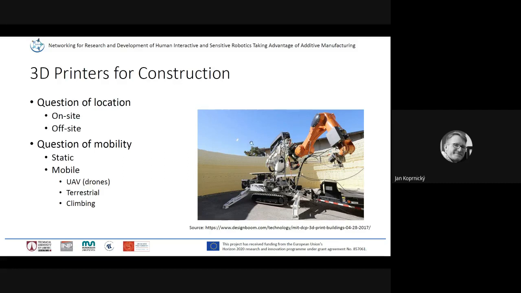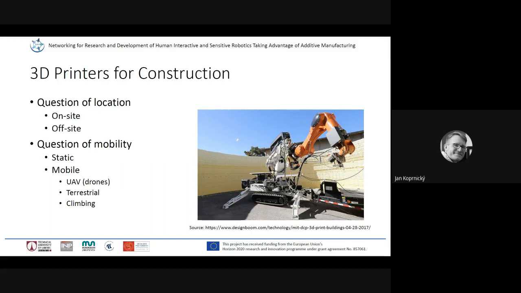It's a crane arm and then a standard industrial robot, and they equipped this system with different printing heads. The printing head here was used for foam spraying or foam extrusion.